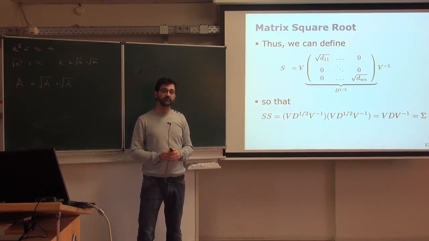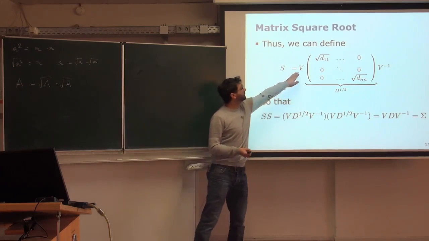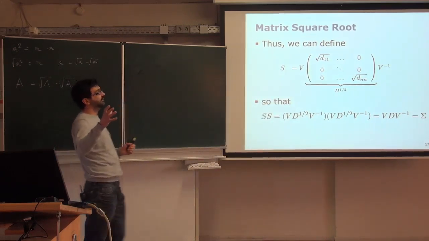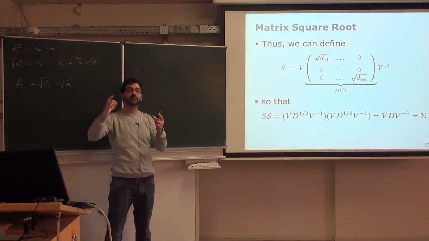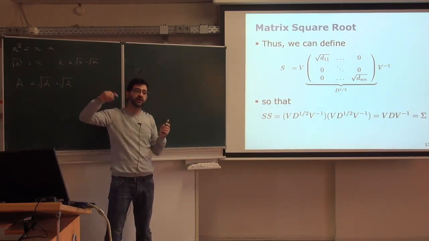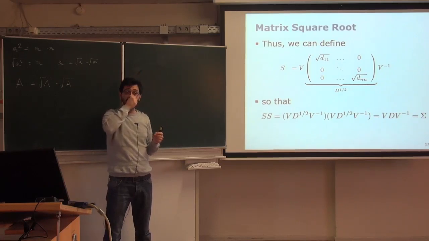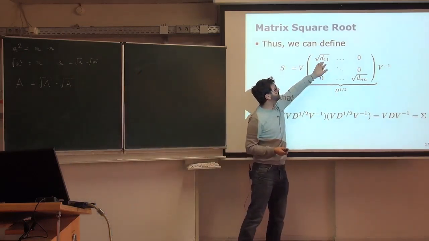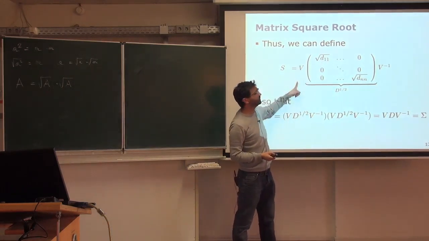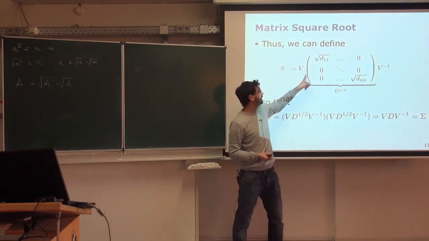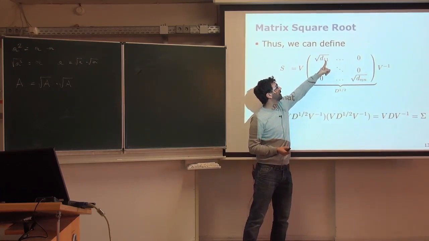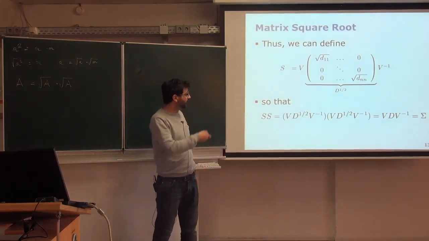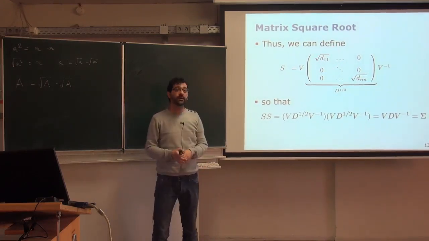Okay? So basically, what does this do? This is telling you, you take the eigenvectors of your covariance matrix, which are the axes of the ellipse, and you just have this scaling for each axis. So one column of this will be the first axis times the square root of one of the eigenvalues.